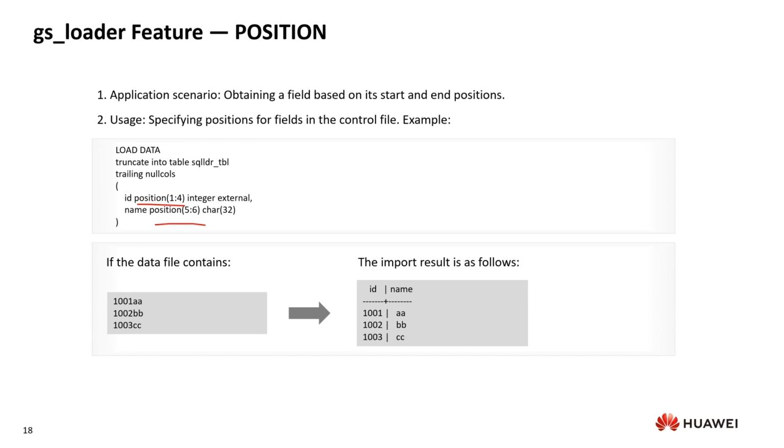In the example below, the first four characters are digits, and if you specify position 1 to 4 for the column ID, the value of ID will be read as 1001. Similarly, if we specify position 5 to 6 for the column name, the value of name will be read as AA. The import result is the same as that on the right.